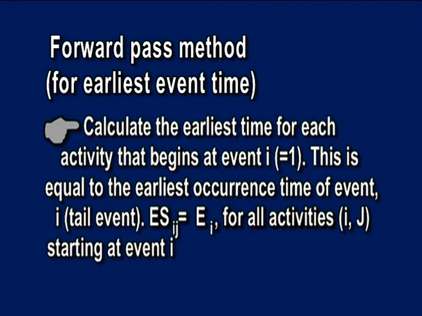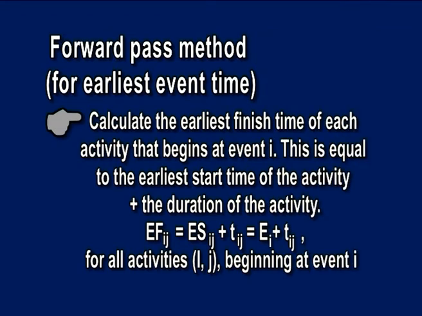This is equal to the earliest occurrence time of event I, that is the tail event, that is, Es of ij is equal to E of I for all activities ij starting at event I. Third, calculate the earliest finish time of each activity that begins at event I. This is equal to the earliest start time of the activity plus the duration of the activity, that is, Ef of ij is equal to Es of ij plus T of ij equal to E of I plus T of ij for all activities ij beginning at event I.